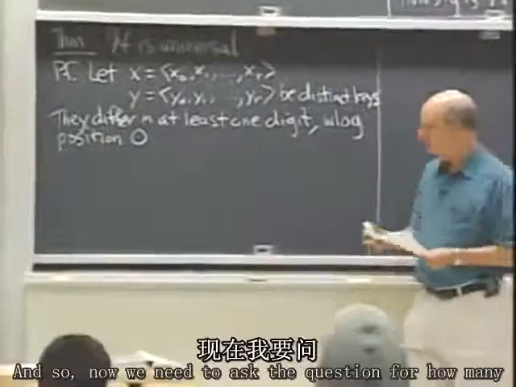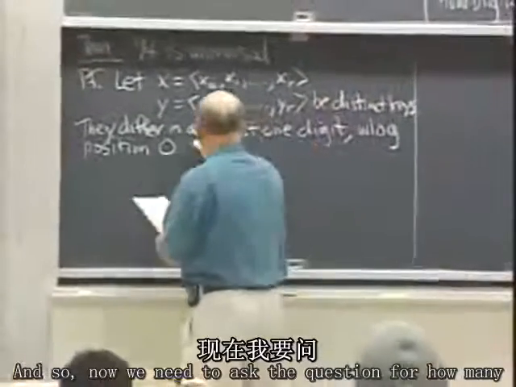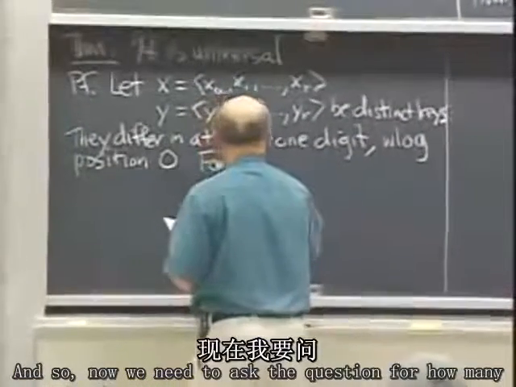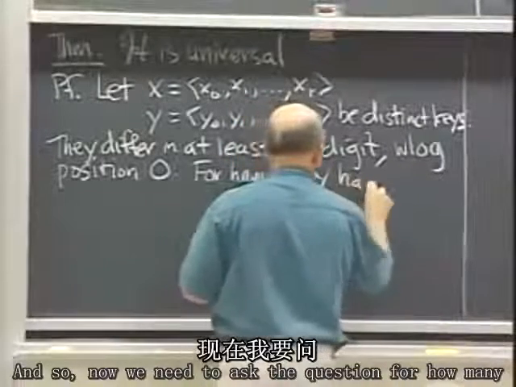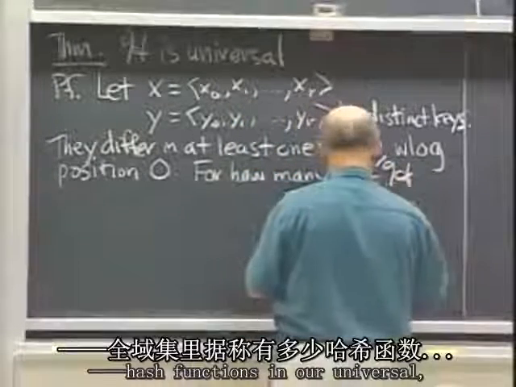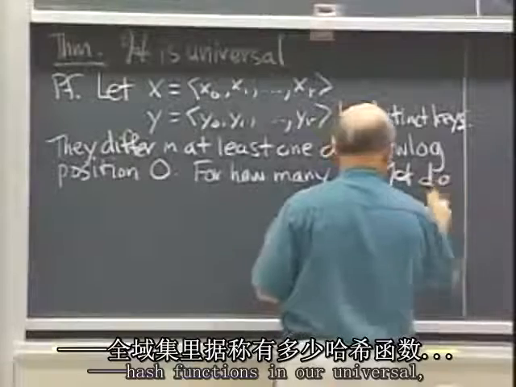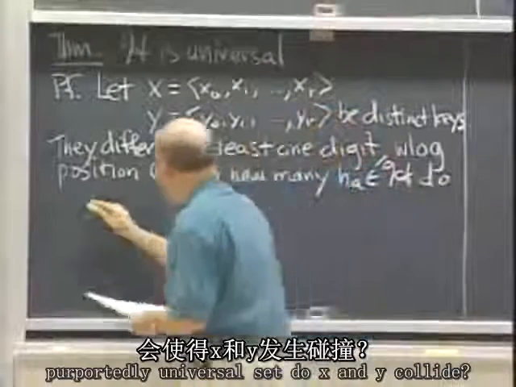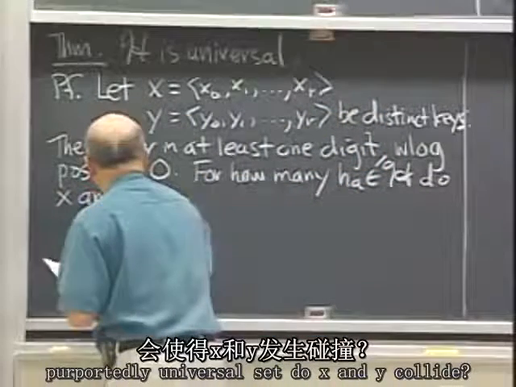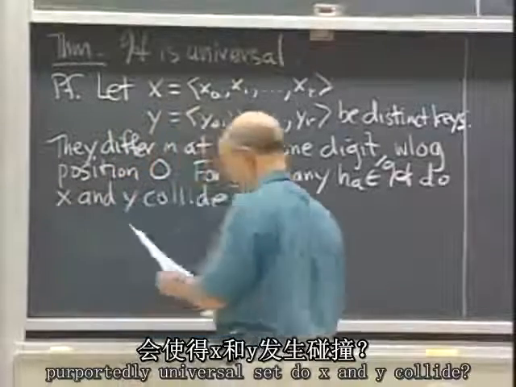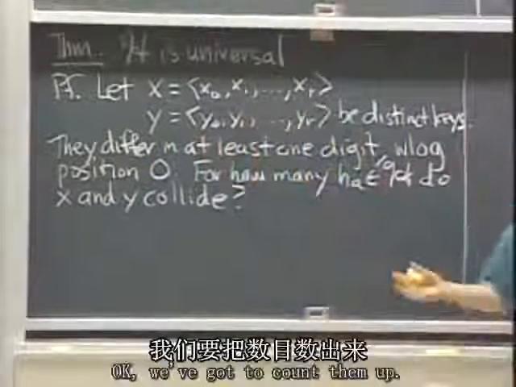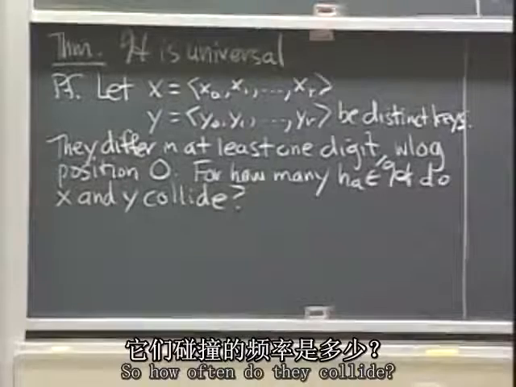And so now we need to ask the question, for how many hash functions in our purportedly universal set do x and y collide? Okay, we've got to count them up. So how often do they collide?